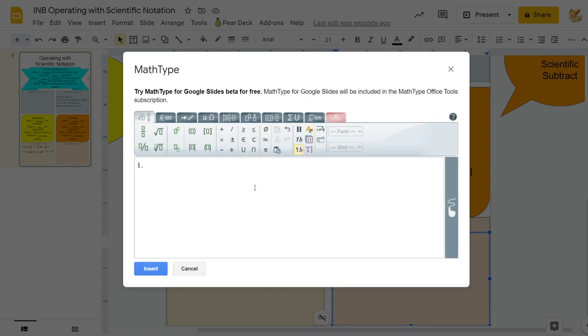So here it was 1.94 times 10 to the third. Then I'm going to divide by 5 times 10 to the negative 2.